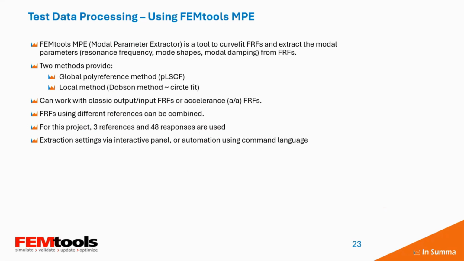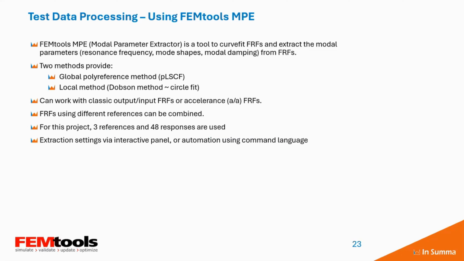Now we can focus more on the test data by looking at how we use the modal parameter extractor, which is a tool within FEMtools to curve fit FRFs and extract the modal parameters: the mode shapes, frequencies, modal damping, etc. Within FEMtools, we have two main methods of doing that.